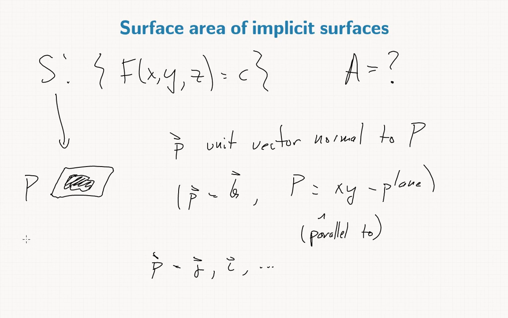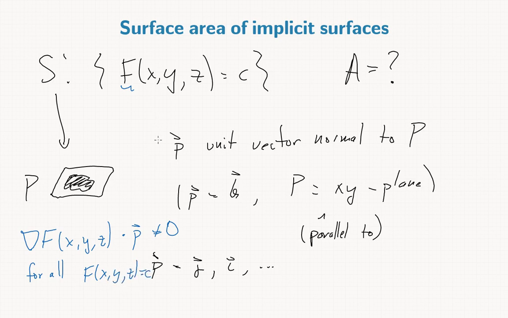So what we'll need, crucially, is that the gradient of f at x, y, z is not orthogonal to P for all x, y, z in our surface S. And this is to guarantee that if the surface were to fold back on itself, then we'd have two things above the same point down here, and then we wouldn't be able to correctly count the surface area.